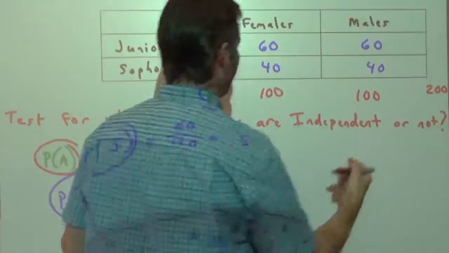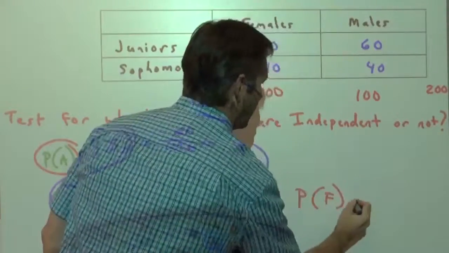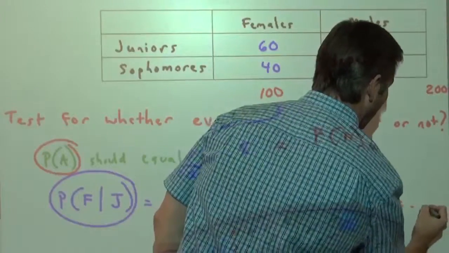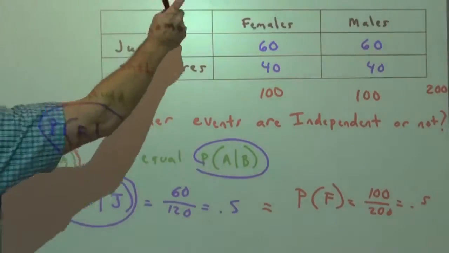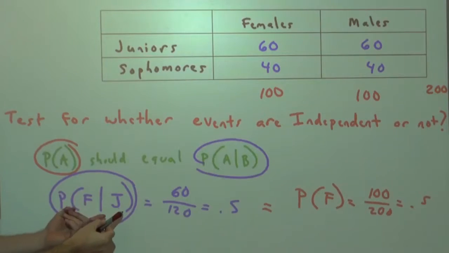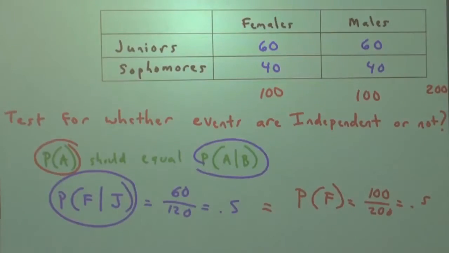So out of the 200 people in the class, the probability of getting a female is 100 out of 200, so that is also 0.5. So these two events, gender and graduating class, are independent because it doesn't matter whether we know we selected a junior or not, the probability of selecting a female is still 50%.